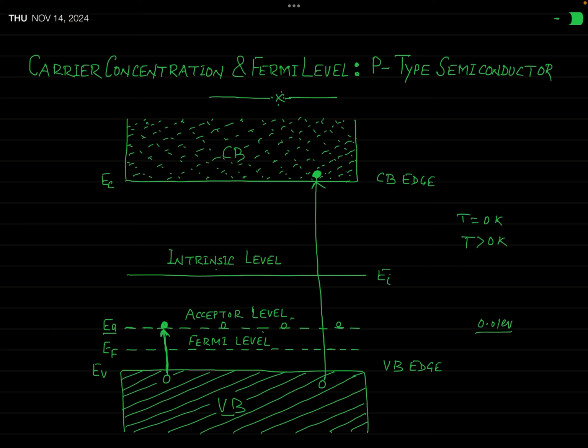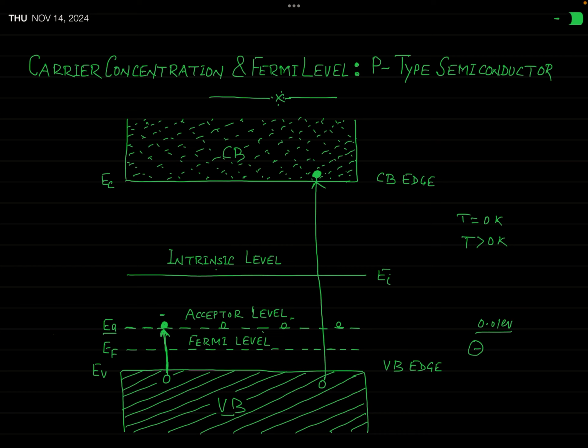And the atoms present in this acceptor level gain that electron, and so they become negatively charged. I have shown here that the electron moves here, and this is the atom which will gain it, that will become negatively charged. In this way, negatively charged ions of the acceptor impurity atom are present in this acceptor level.